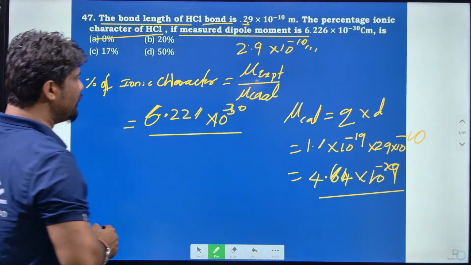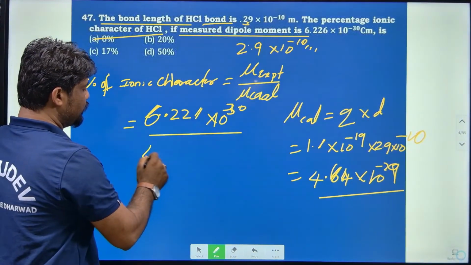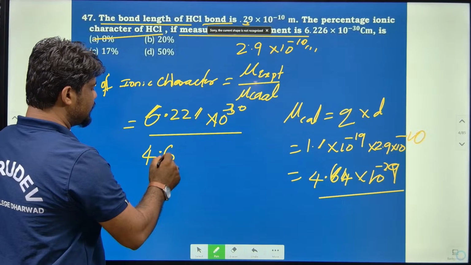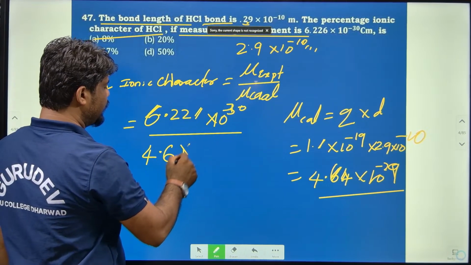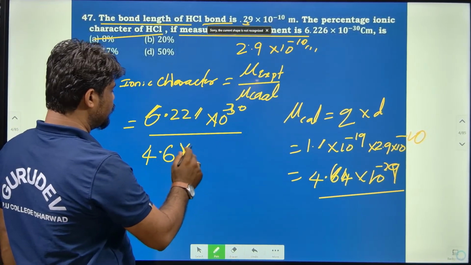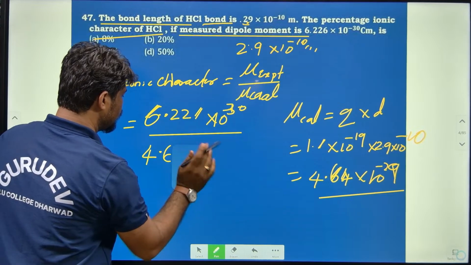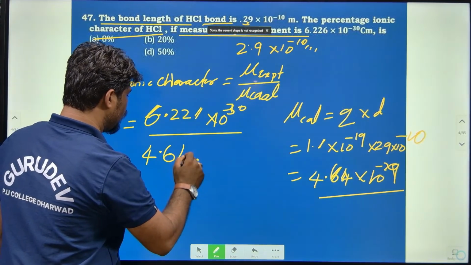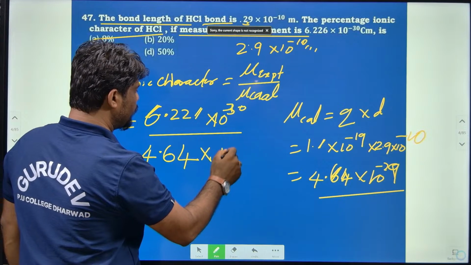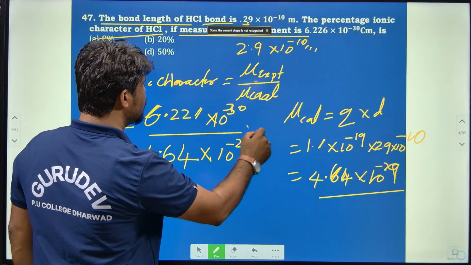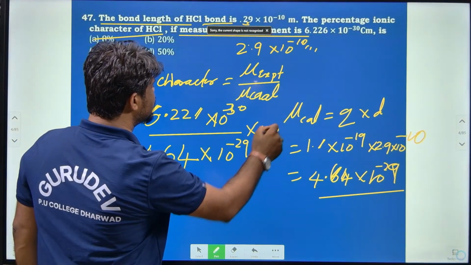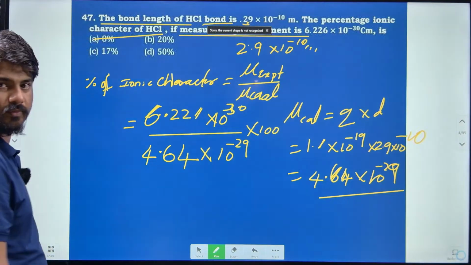Now substitute the values here: 6.226 × 10^-30 divided by 4.64 × 10^-29. If you want the percentage, just multiply it by 100.